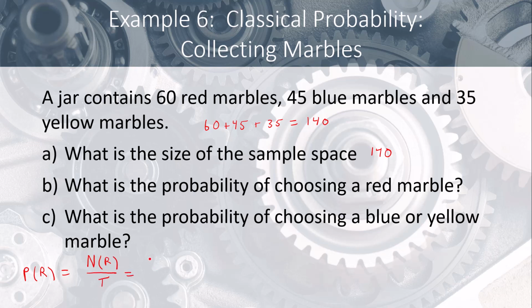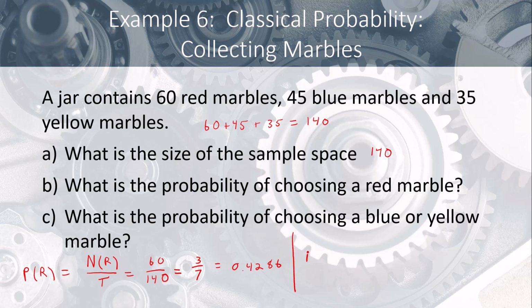So that will be 60 over 140, which reduces to 3/7. Both have common factors of 20. Or if you wanted to write this as a decimal, it would be 0.4286.